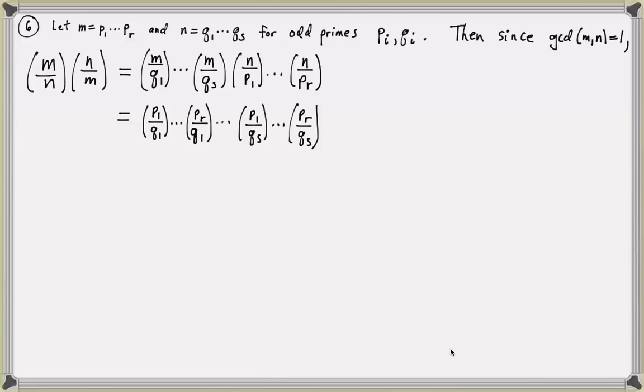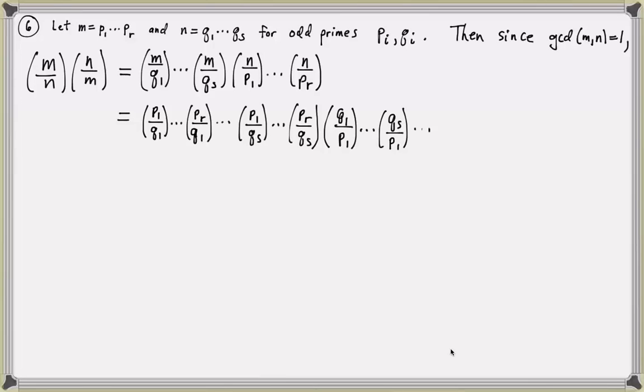I need to do the same thing by breaking up the n over p's. So I get q1 over p1 up to qs over p1. So that would be n over p1.